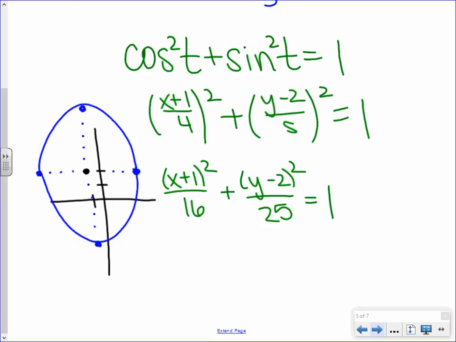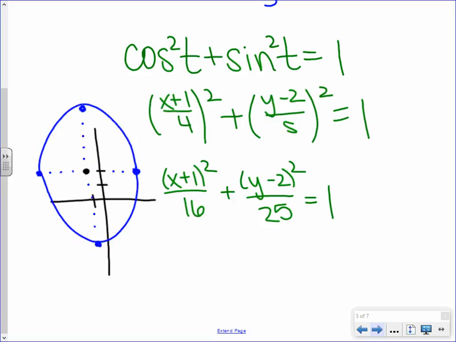The x-way would have a radius of 4, while the y-way would have a radius of 5. What are those lines right before the edges? Oh, the points, those are the foci.